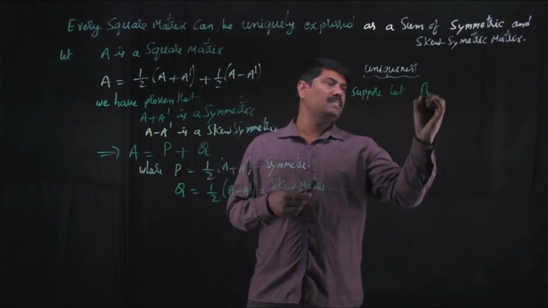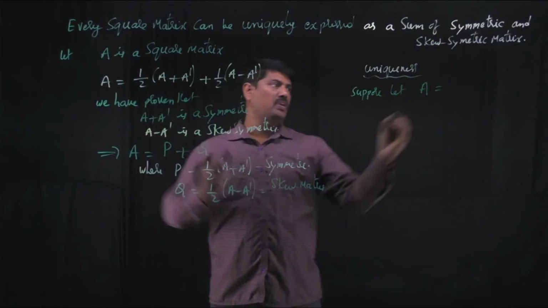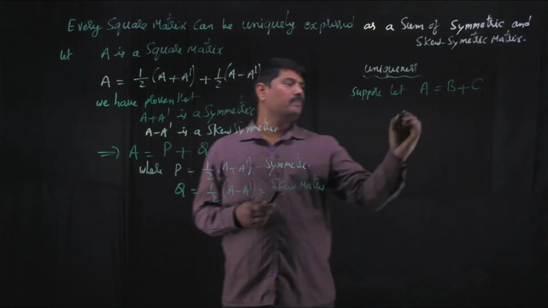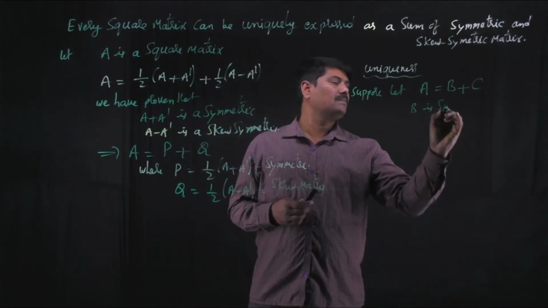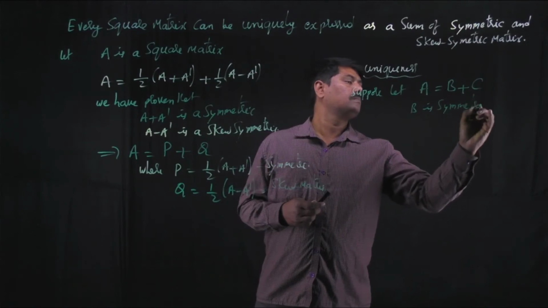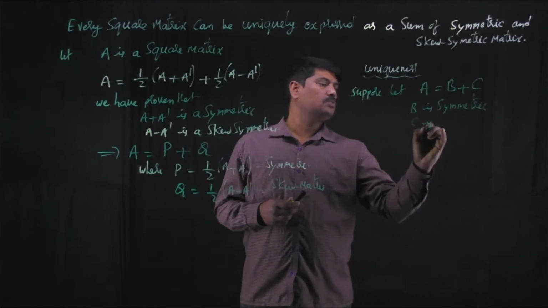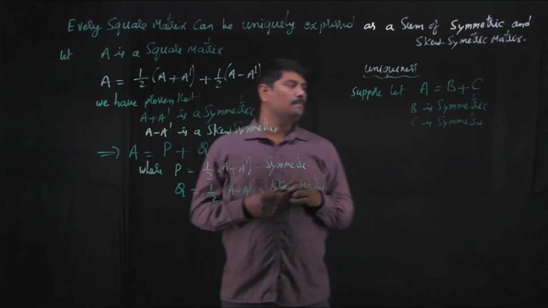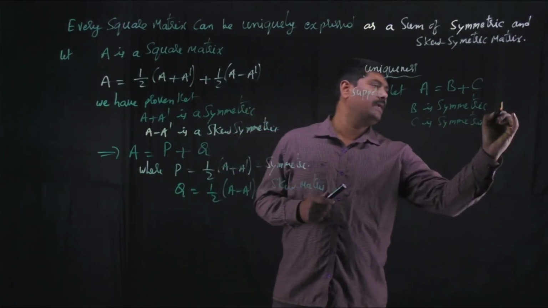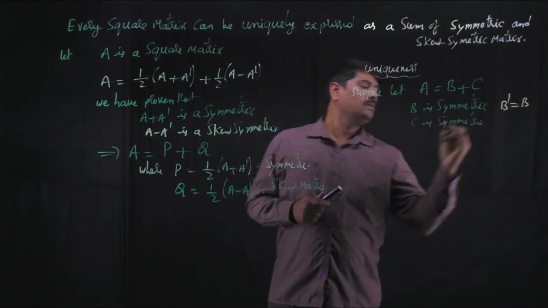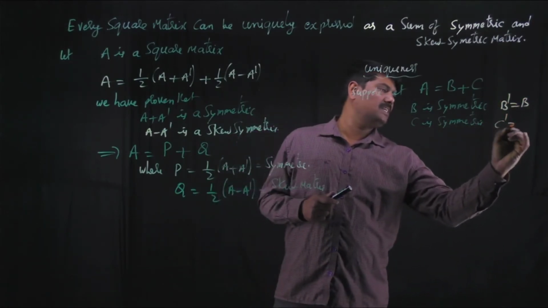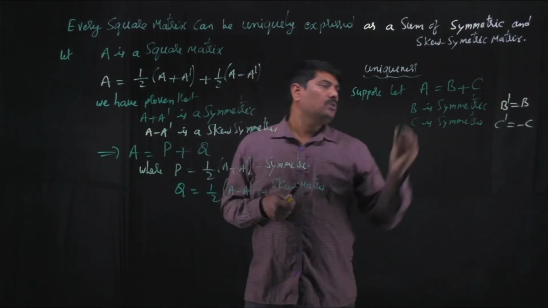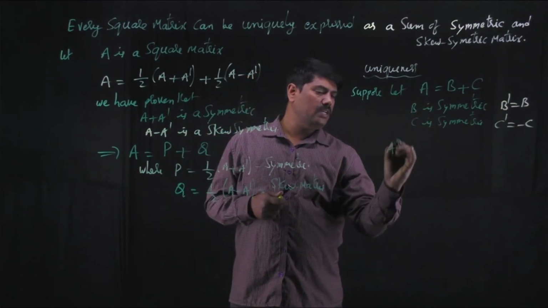this same square matrix A can be a sum of two matrices B and C, where B is symmetric and C is skew symmetric. As B is symmetric, it holds B dash is B. C is skew symmetric, so C dash is equal to minus C. So what is A dash?